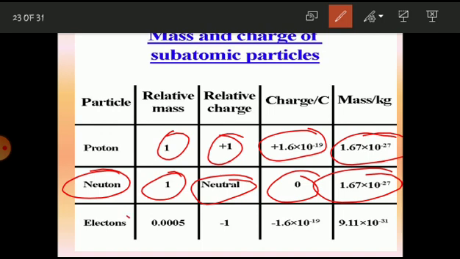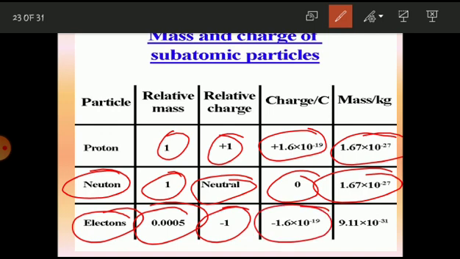And lastly, the very important subatomic particle, that is electron, whose relative mass is 0.005, relative charge is minus 1, charge per coulomb is minus 1.6 into 10 raised to minus 19, and mass per kg is 9.11 into 10 raised to minus 31.